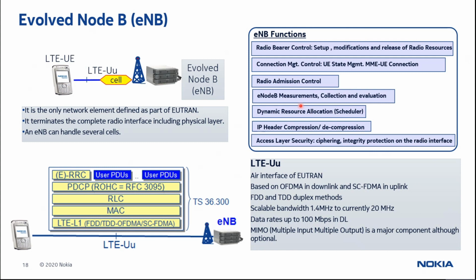This ensures that the network, the radio or core network, is able to say that the mobile phone in its present coverage area is good enough to have communication sustained for longer periods. And also measurements are a very important aspect because when the user is moving from one coverage area to the other, these periodic measurements ensure that the call or the session is handed over from one coverage area to the other. So they form an essential part of the mobile network, and eNode B does take care of these measurements.